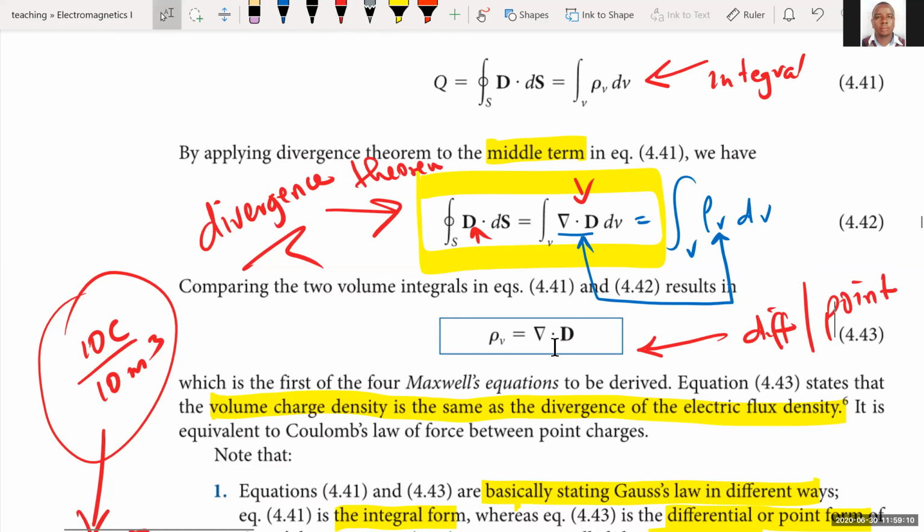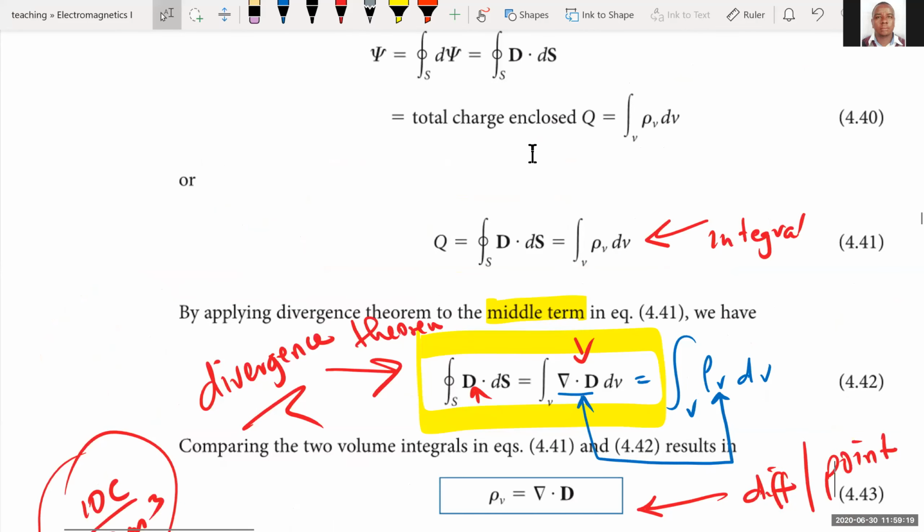Of course, you notice that the differential form is derived using the divergence theorem. And the integral form comes purely from the definition that says the charge enclosed in the volume equals the flux flowing through the volume.